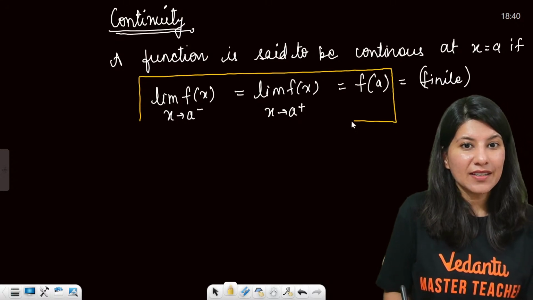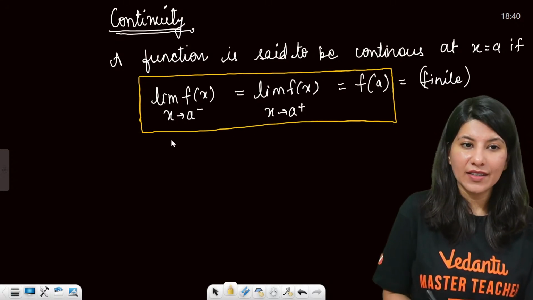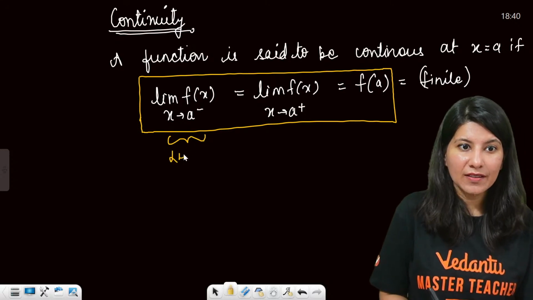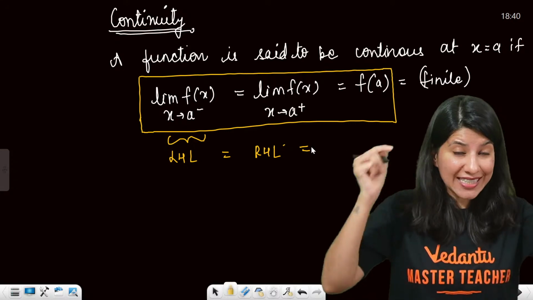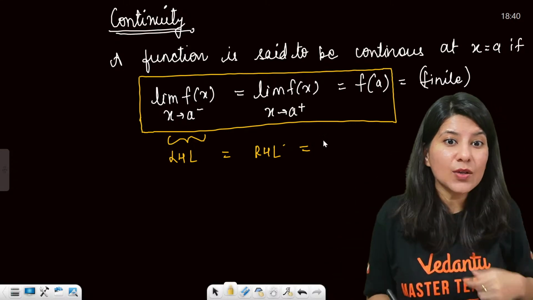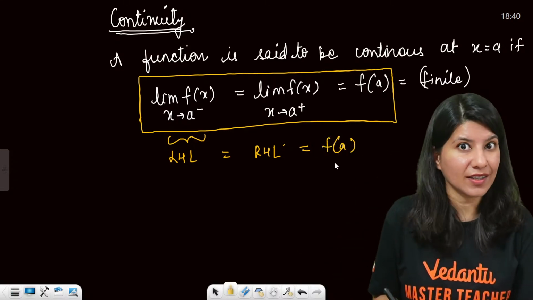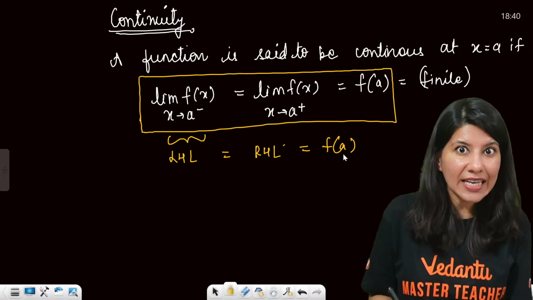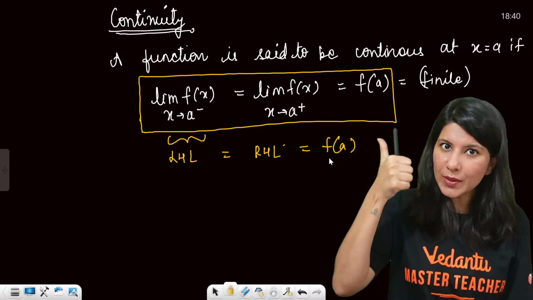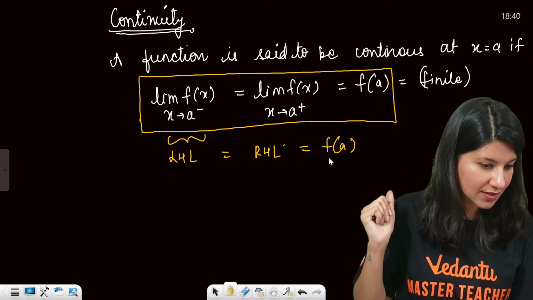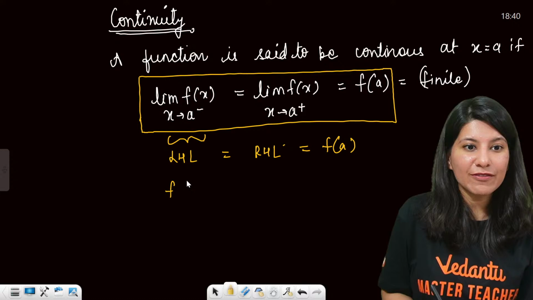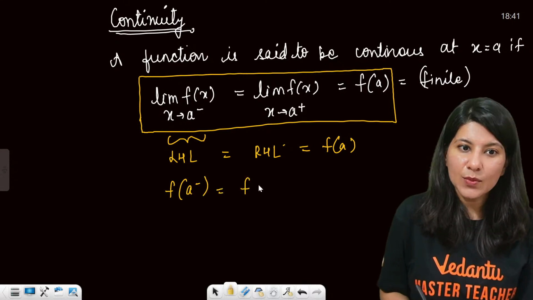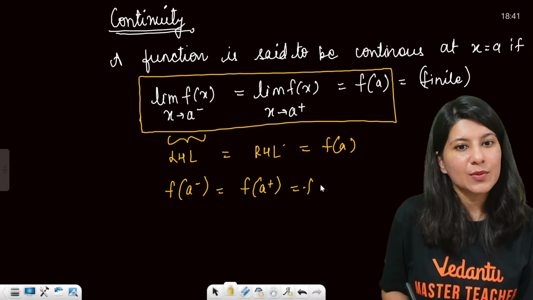Can you see, one more step is added. The left hand limit should be equal to the right hand limit, but this time it should be equal to f of a. Then if all three are equal, the function is continuous. We can also write it as f of a minus equals f of a plus equals f of a.